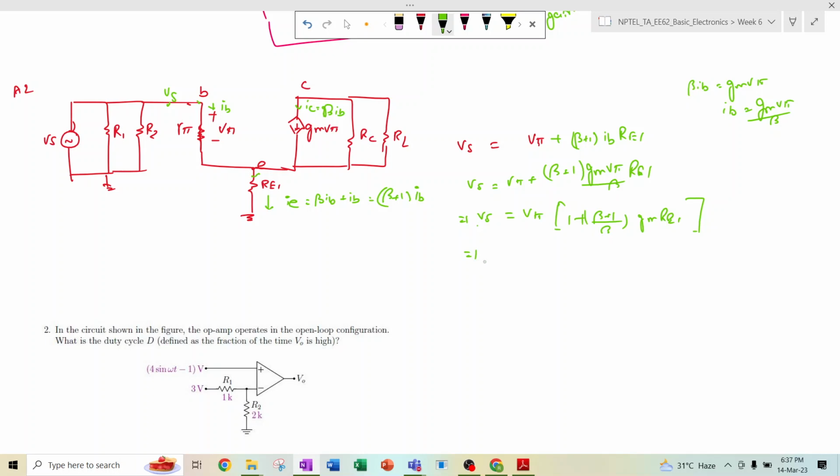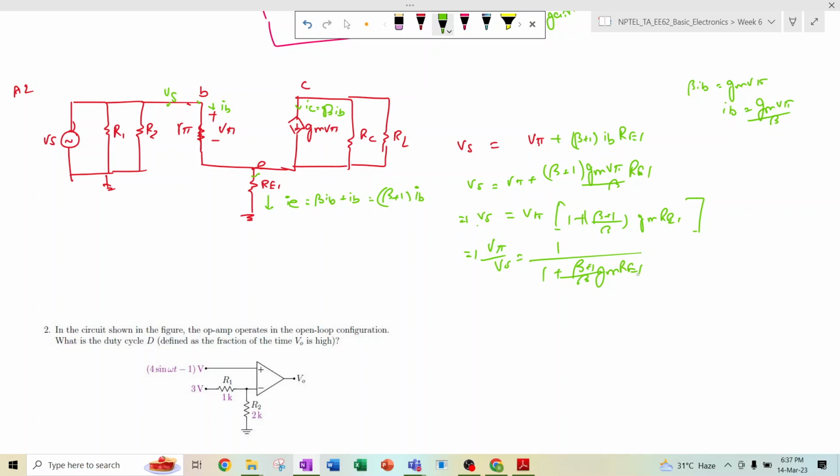And so if you consider this thing, V pi by Vs is 1 divided by 1 plus beta plus 1 over beta into gm into RE1, right?